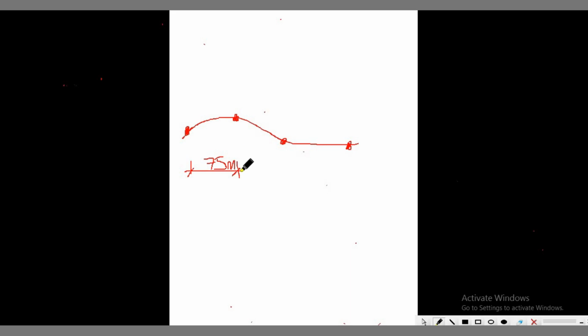Then BIR to Capitol, exaggerated values, I'll name this as 100 meters. Then Capitol to the rotonda, I'll name, let's say, this is 250 meters. The values are exaggerated.